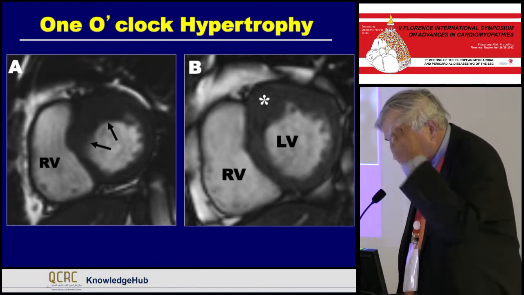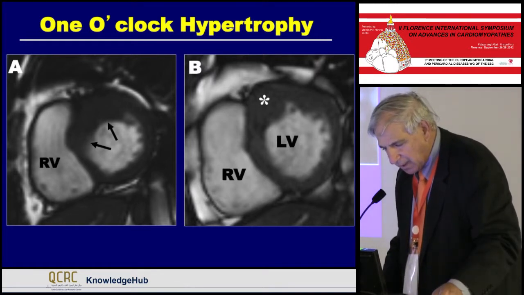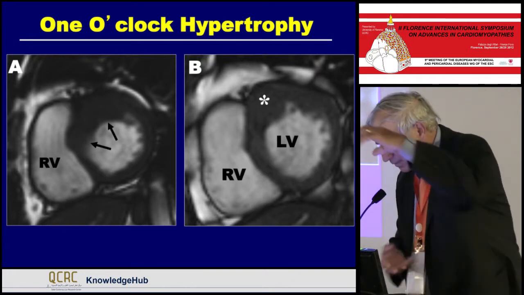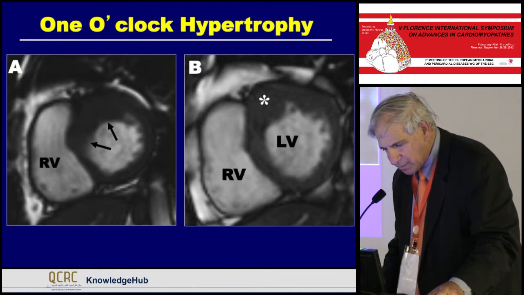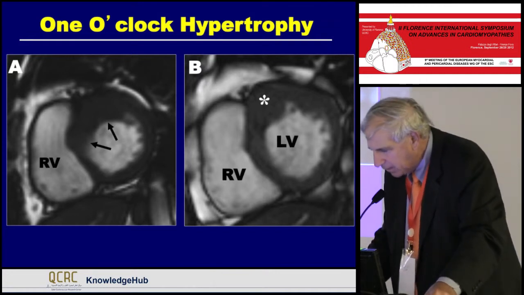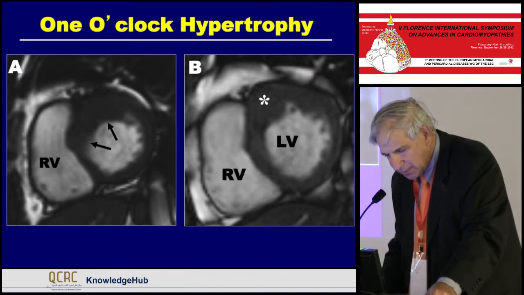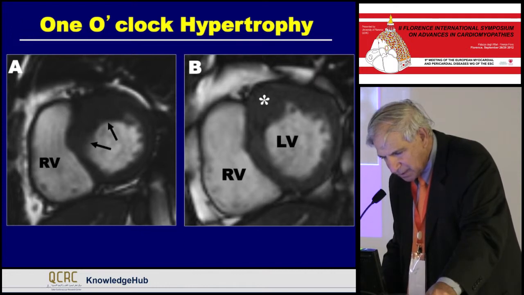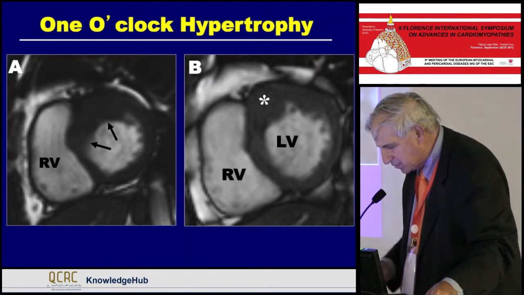One of the first things we noticed was that we'd always thought that this 12 o'clock area right here, that would be at the top if we had the echo display, was the thickest area of the ventricle in hypertrophic cardiomyopathy usually, but actually it seems to be displaced a little bit toward what we call 1 o'clock, toward the RV insertion.